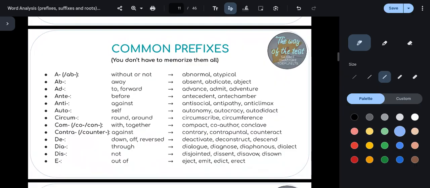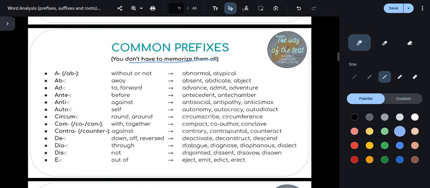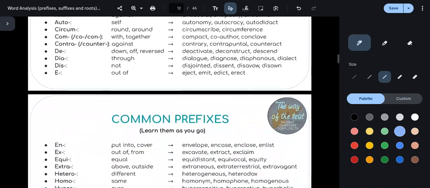Moving on. This is a list of common prefixes. In the description of the video, there's a link where I put this material. You can download this material. You can have this on your own. My advice is don't memorize the prefixes. This is still going to be a list of the most common ones in the English language. You're going to recognize these also apply to other languages, but don't memorize them.